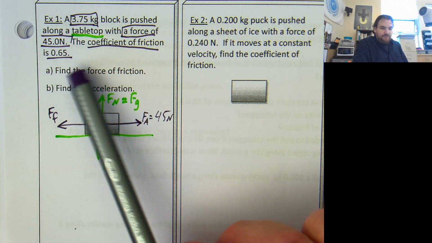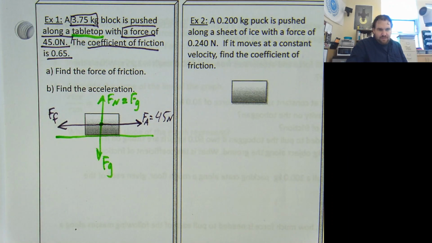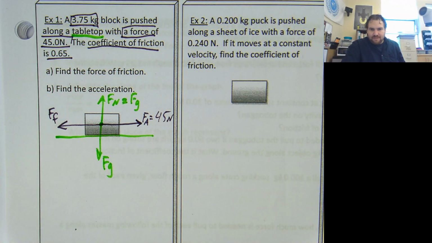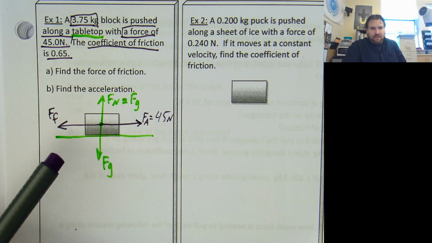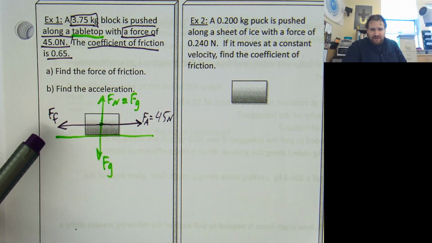By telling you the coefficient of friction is 0.65, that means, here we go. The block could be made of glass, and the tabletop could be made of copper, is one combination of materials that would give you this. Leather wrapped block on cast iron could give you that same combination of coefficients of friction.